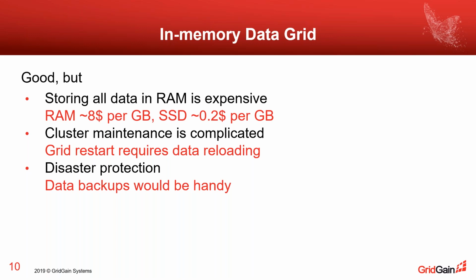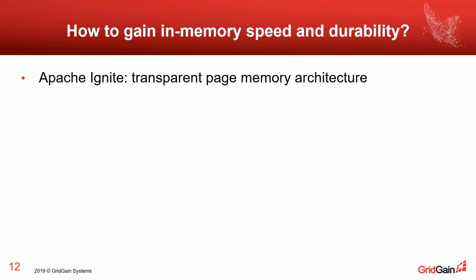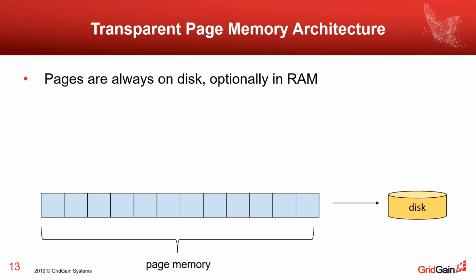And first of all, let's take a dive into the architecture of Apache Ignite. And in Apache Ignite, there's a durability mode, of course, and it's achieved via transparent page memory architecture. Why page memory and why transparent?